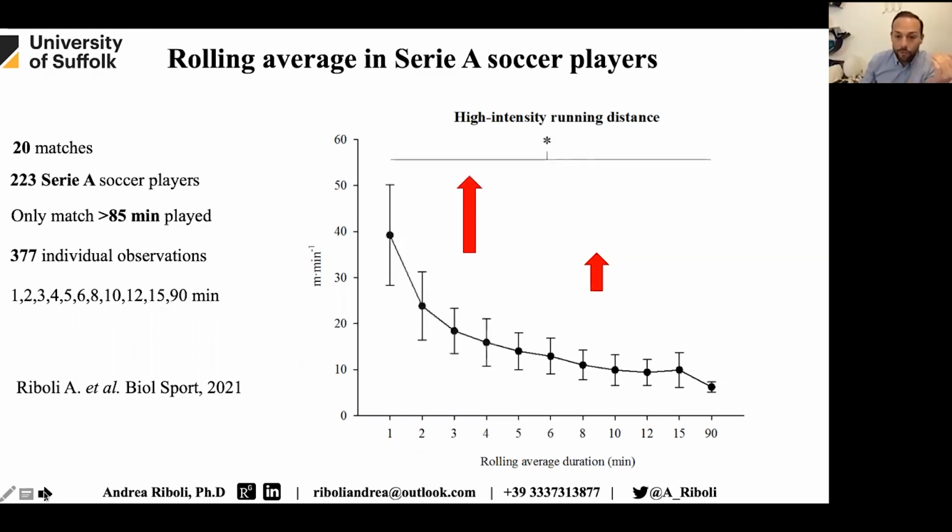And for a short period of 1 minute, our players performed a significantly higher intensity for high intensity running distances than the 90-minute average.